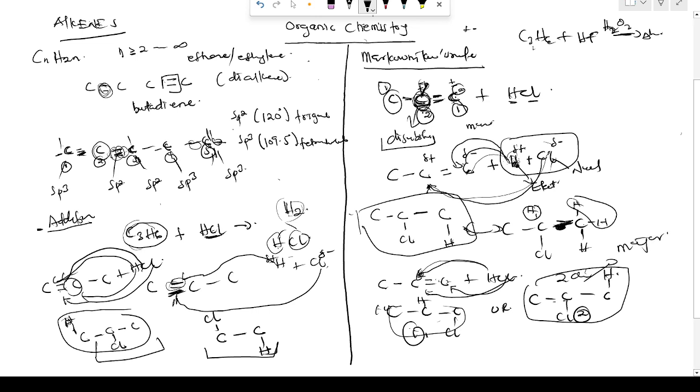We can even write both products and indicate that the Markovnikov product is our major product, and this is our minor product. It doesn't mean that the minor product wouldn't be formed. When you talk about reactions, you have something like side reactions. The reaction that we want, the desired product, we might not always get it.